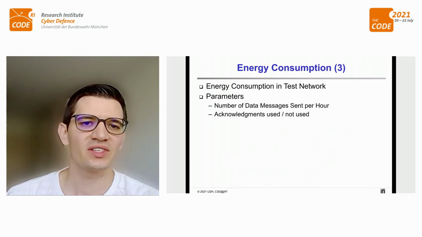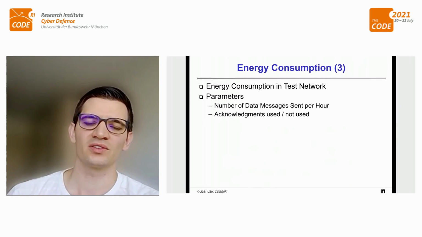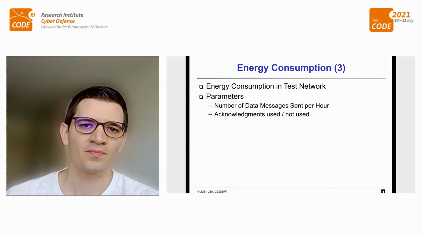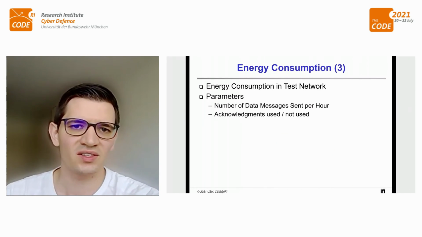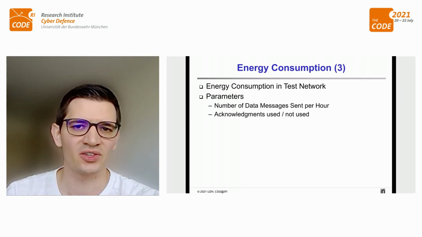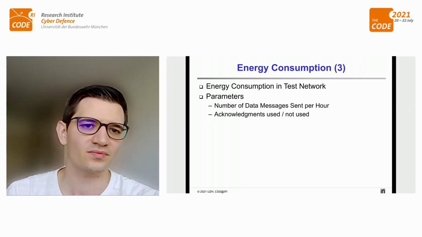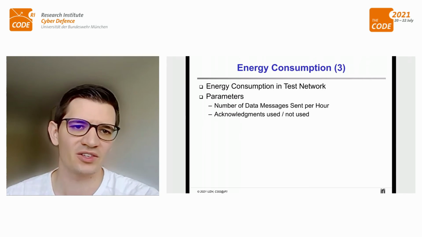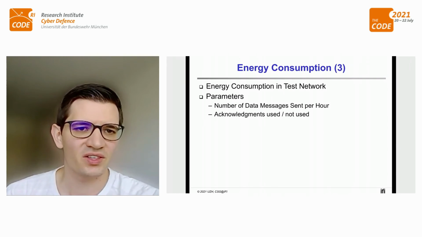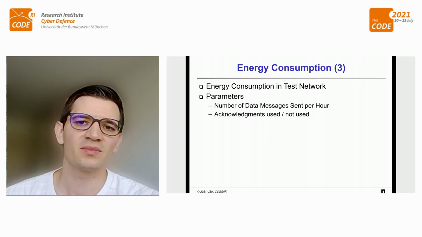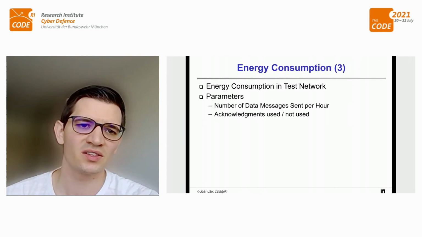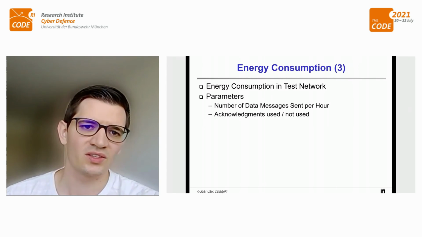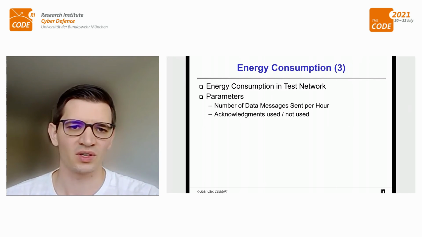We were also interested in the energy consumption of the test network, because this is the closest to a real-world scenario that we could get. We again had some parameters changed between measurements. One was the number of data messages sent per hour by the sensors, and the other whether acknowledgements were used or not.